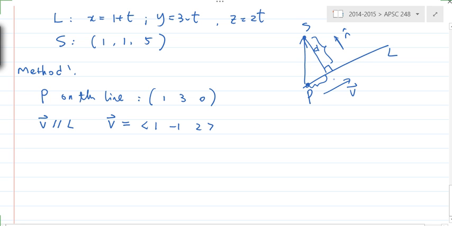Okay, so let's see. I'm going to call this portion here, this is a projection, right? We're doing projection here. So basically, you have two components of the projection of this PS vector. One is this direction, and one that direction.